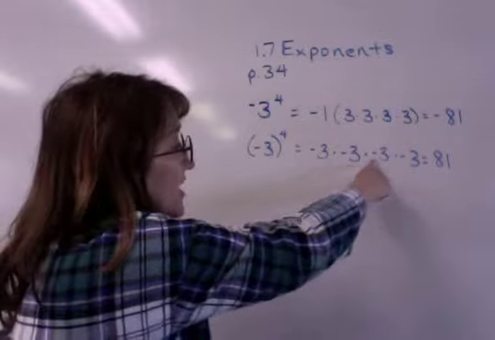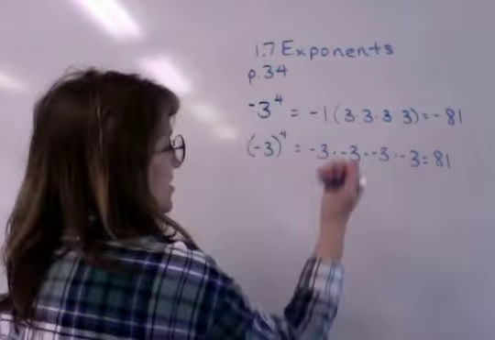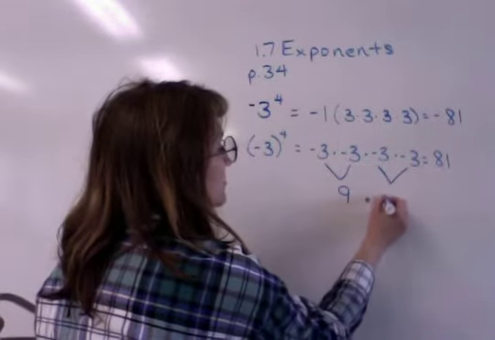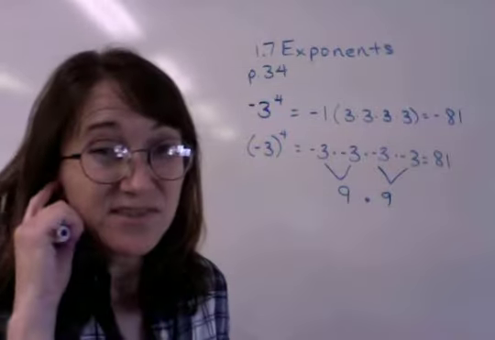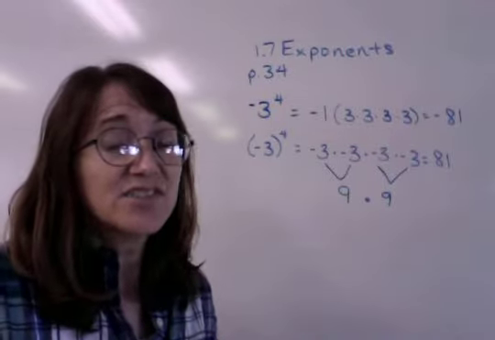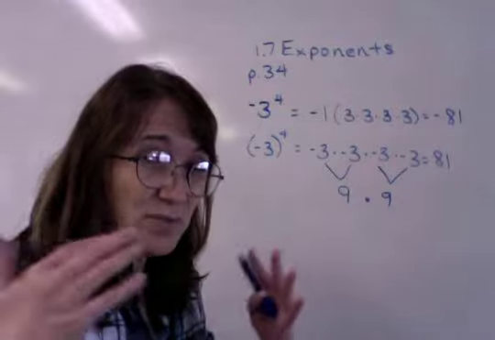Then I multiply this -3 times this -3, and I suddenly have a +9, just so you can break it down and make it a little easier. Then I multiply the two positives together, and I have a +81. So that was just one thing I wanted to bring out, so you might be able to get that in your brain a little bit better.